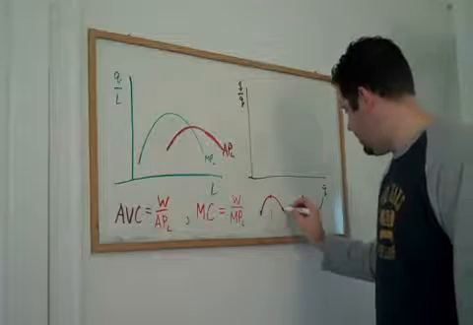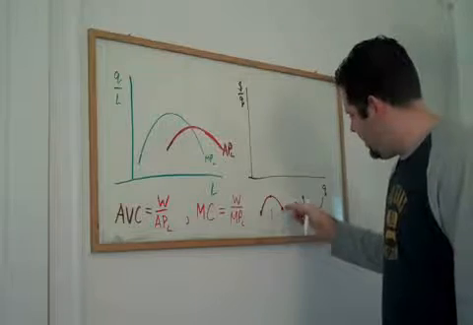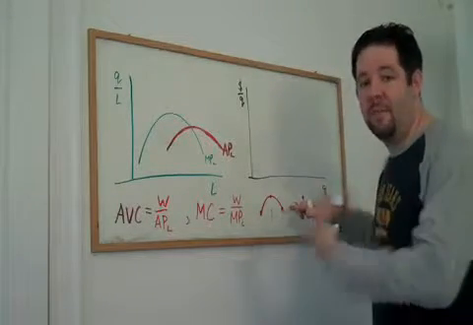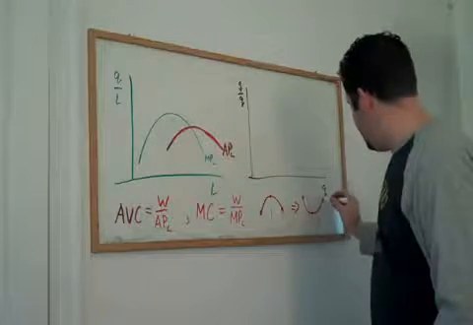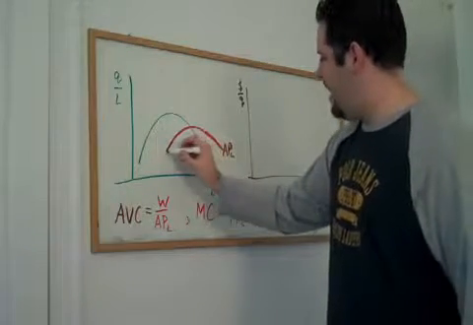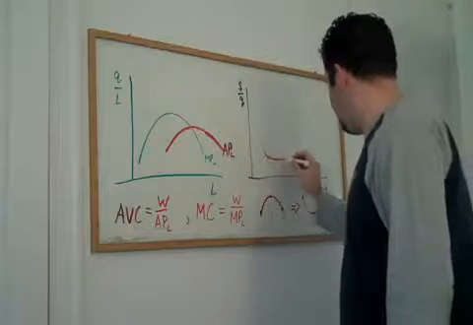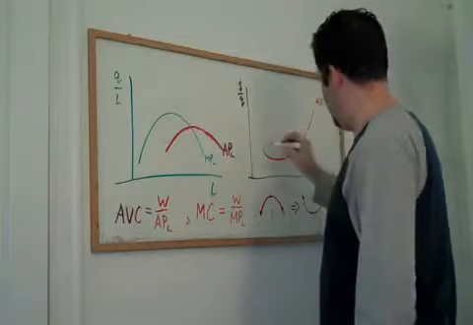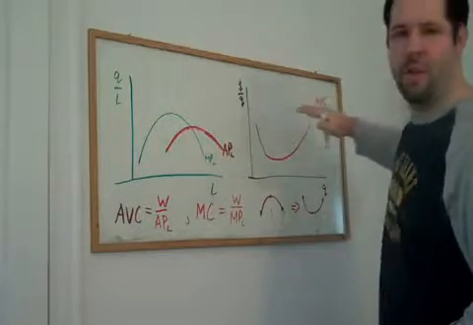And similarly, when we increase labor further, we get a smaller number. We divide by the smaller number, and it's the same wage, so we end up increasing back up again. So this average product curve here turns into an average variable cost curve here. Inverted U turns into a U-shape.